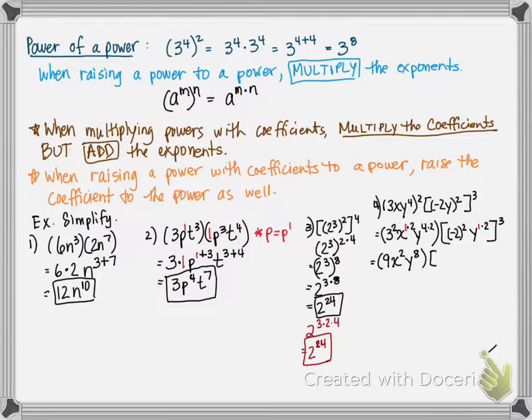Negative 2 squared. So negative 2 times negative 2 is positive 4. So an even number of negatives is going to give me a positive. I'm going to write that over here. I like that idea. Even number of negatives when multiplying, that's going to be a positive answer.